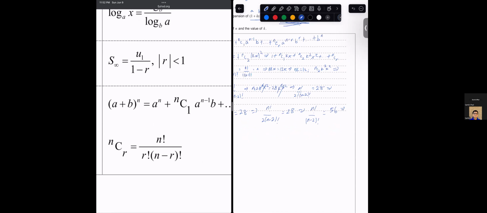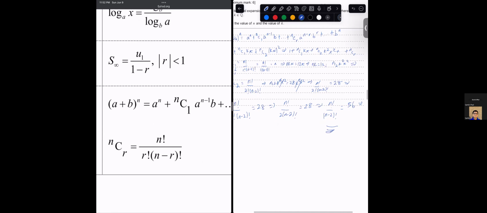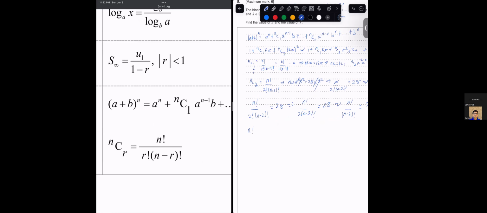So now what we want to do is simplify this, right? n factorial upon n minus 2 factorial. I want you guys to memorize this, okay? n factorial, what is it essentially? I'm going to take an example. 5 factorial will be what? 5 times 4 times 3 times 2 times 1.